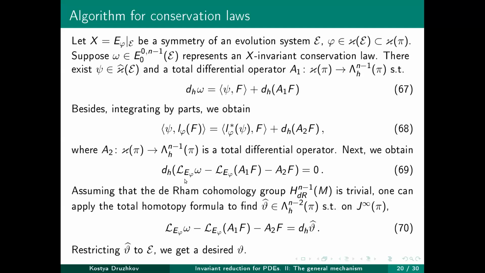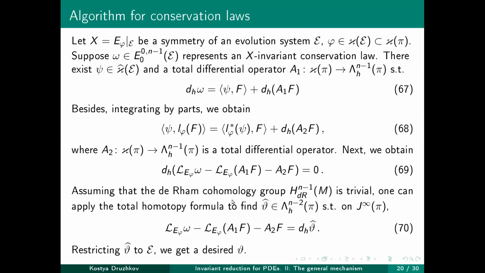So the Lie derivative with the evolutionary field commutes with d_h. This is why the left-hand side is given here. On the right-hand side, again, we have the Lie derivative of this term, because they commute with d_h, and the Lie derivative of this term is given by this term, A2 f minus A2 f, because of this formula. So we use this formula just to get this term.